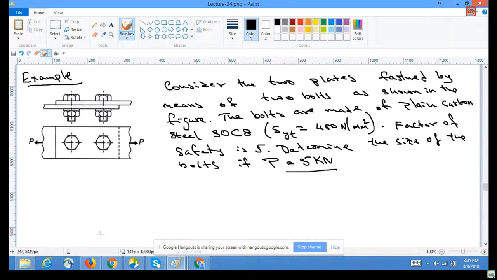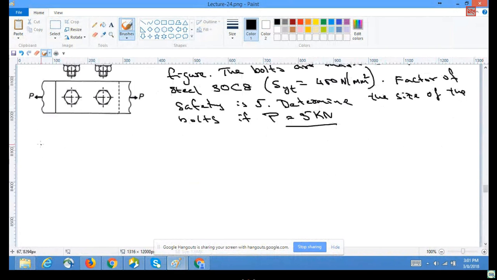So in this case, our known things are P is 5 kilonewtons, our SYT is 400 Newton per mm square, and the factor of safety is 5.